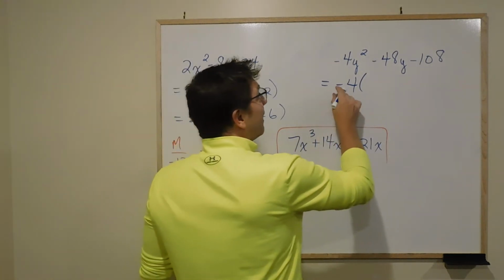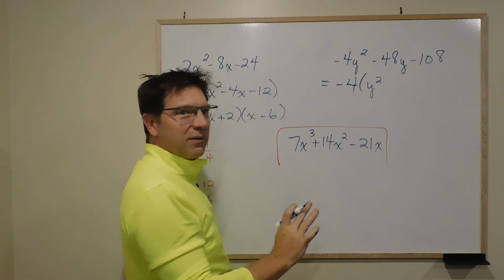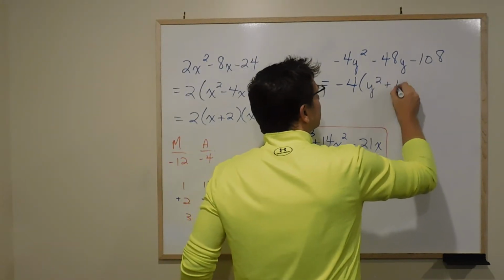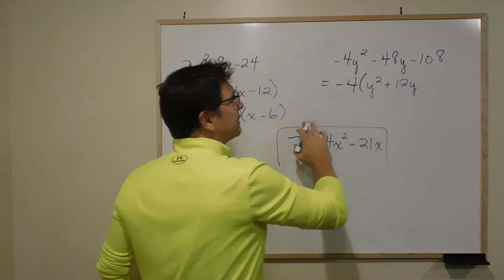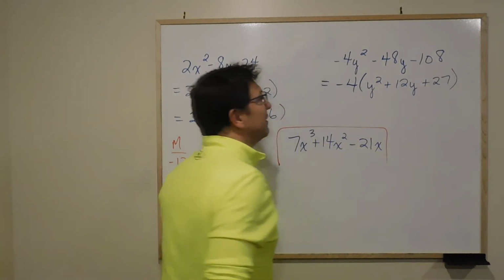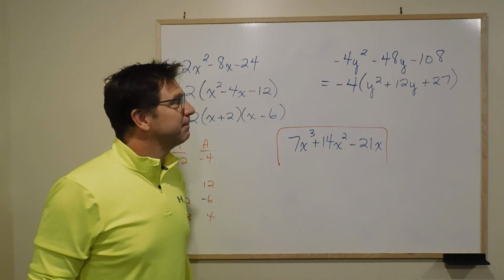So if I do that, that's y squared. See, that's what I want, is just a y squared, not a negative y squared. That's a positive 12y. And then that looks like positive 27. Negative 108 divided by negative 4 is positive 27.